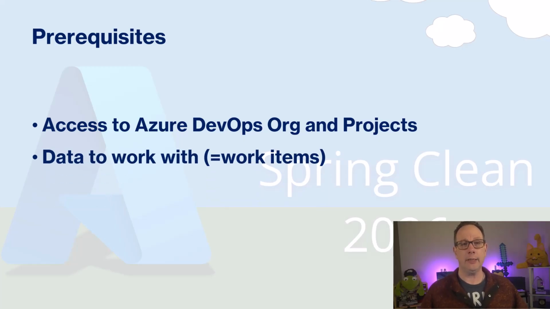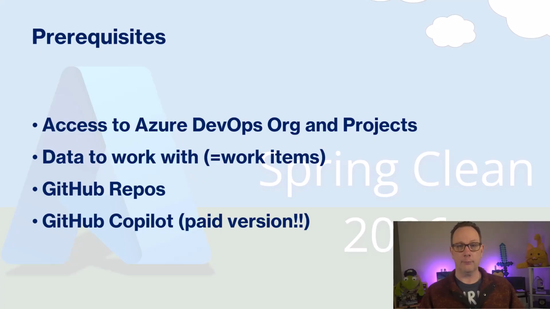Again, think of anything that lives in Azure Boards: bugs, epics, user stories, anything that you already manage today using Azure Boards. Next to that, you need a GitHub subscription, you need a GitHub repo, and then again, you need GitHub Copilot. Also important for GitHub Copilot, although there is a free edition available, you need a paid version. It can be Pro, it can be Enterprise, as long as you have the paid version, because you're using the premium capabilities. That's most important. Once you have all that up and ready, you're basically good to go.